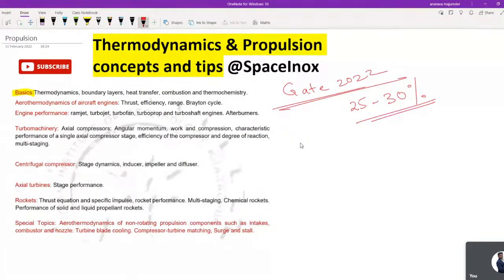Okay, the basics. When we talk about thermodynamics, when we look into this topic called thermodynamics, a lot of things are hidden in it itself. So first, you must understand the laws of thermodynamics. What are the laws of thermodynamics?